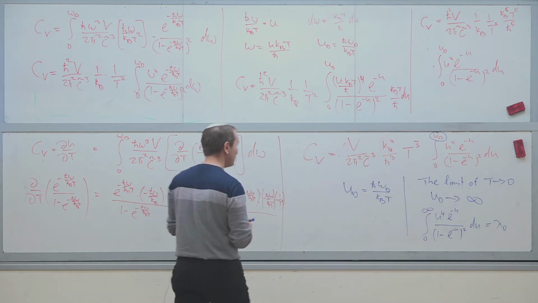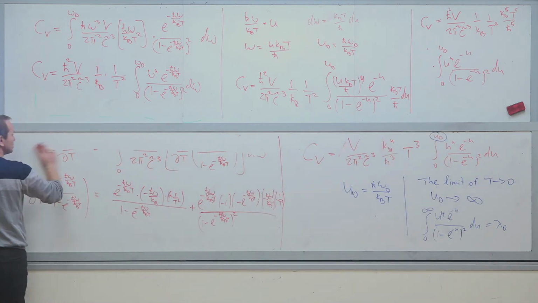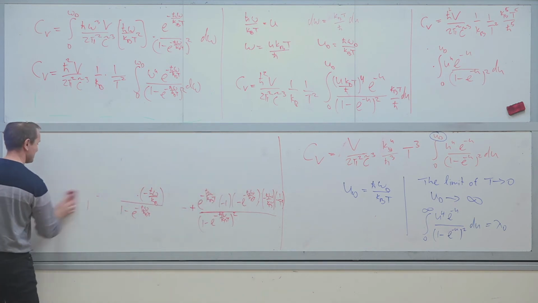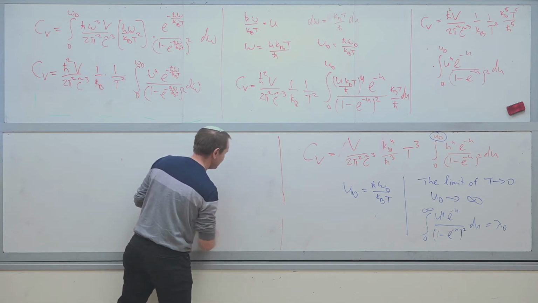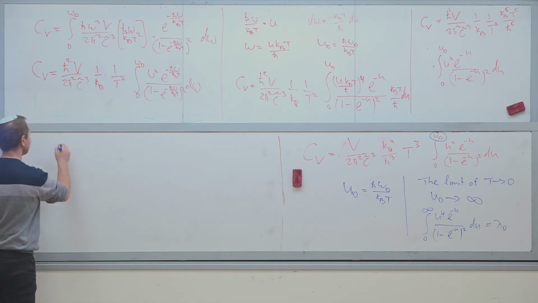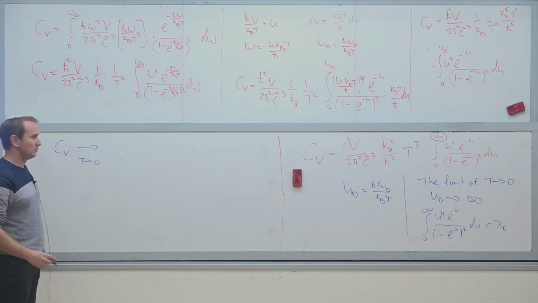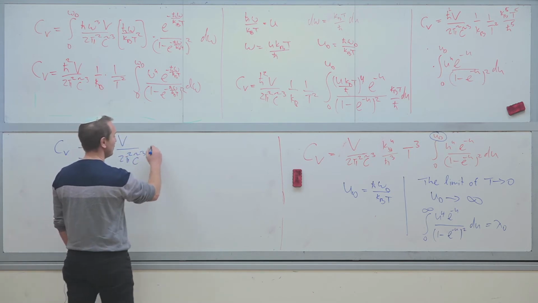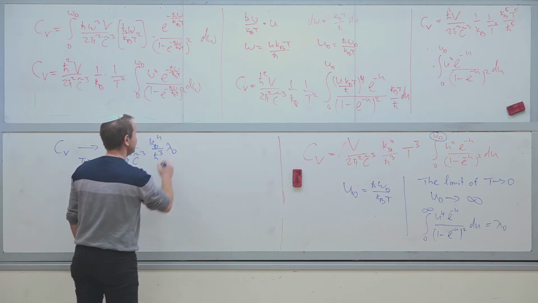So what we have obtained is that in the limit of small temperatures, CV goes as T goes to 0, with a prefactor V divided by 2 pi squared c tilde to the third, k Boltzmann to the fourth, h bar to the third, times some lambda 0.